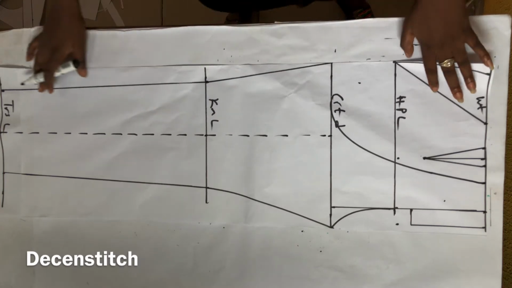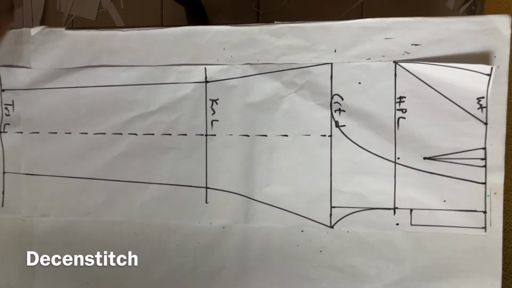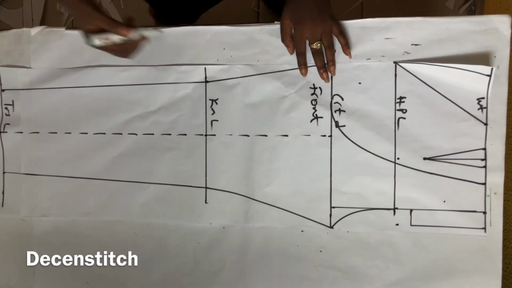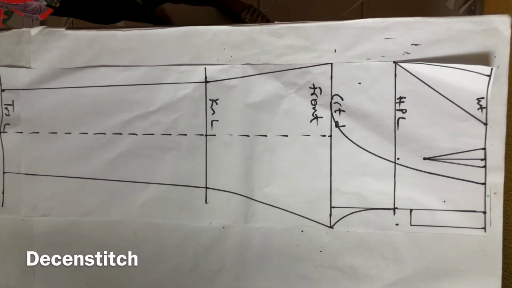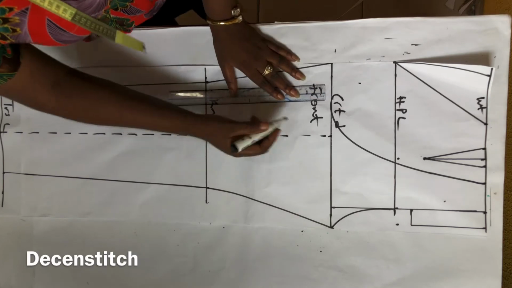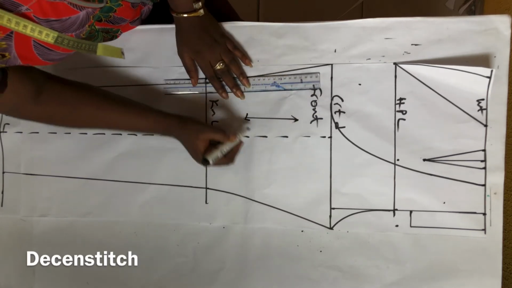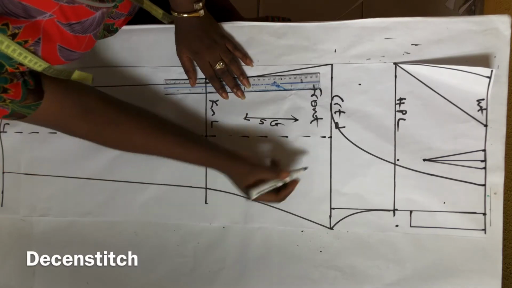This is my front trouser. This is my straight grain. I'm going to cut 2 pieces of this.